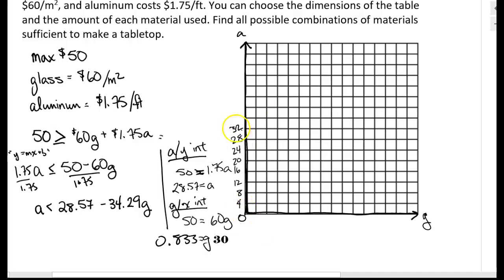Here I am going to, you know what, maybe I could go by 2s here. Okay, so choosing your scale is very important. 4, 8, 12, 16, 20, 24. Yeah, I can fit 28 in here. Excellent.